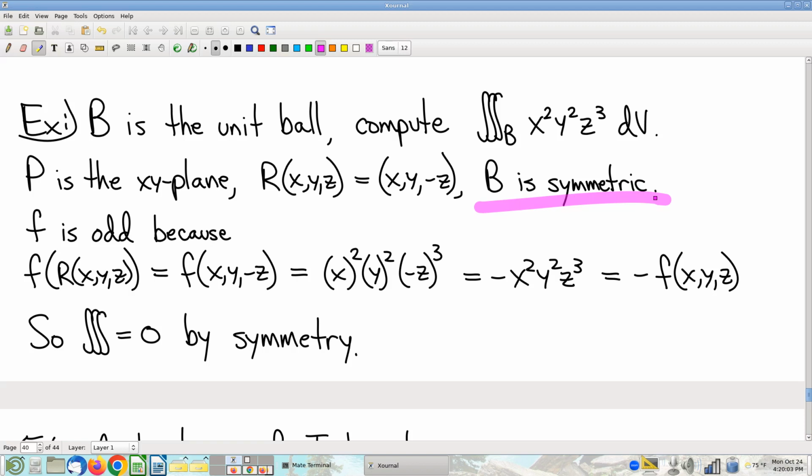The function is odd without too much trouble because this minus sign on the reflection gets cubed, which gives you the minus sign that you need for oddness, and we're done. Symmetric domain, odd integrand, integral of 0 by symmetry. No trig, no square roots, no weird bounds, no rho squared sine phi, just 0.